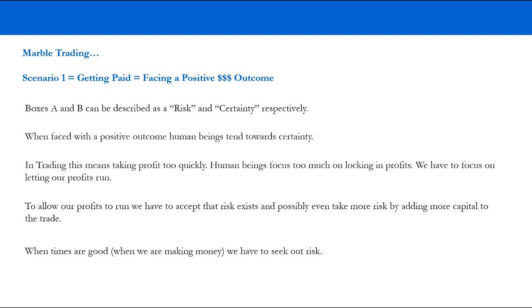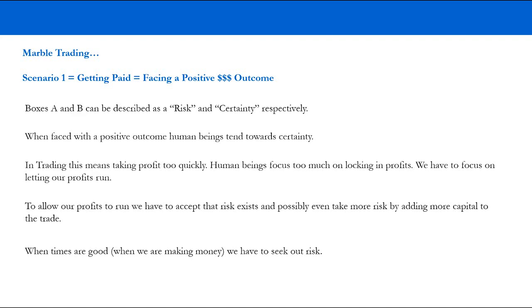Now, how from this scenario, how from this situation are we making a profit? Well, if you look at the risk-adjusted payoff of each box, box A has a 75% chance of pulling a blue marble, of which there were 3 out of 4 marbles, so a 75% chance of pulling a blue marble and making £1,000.